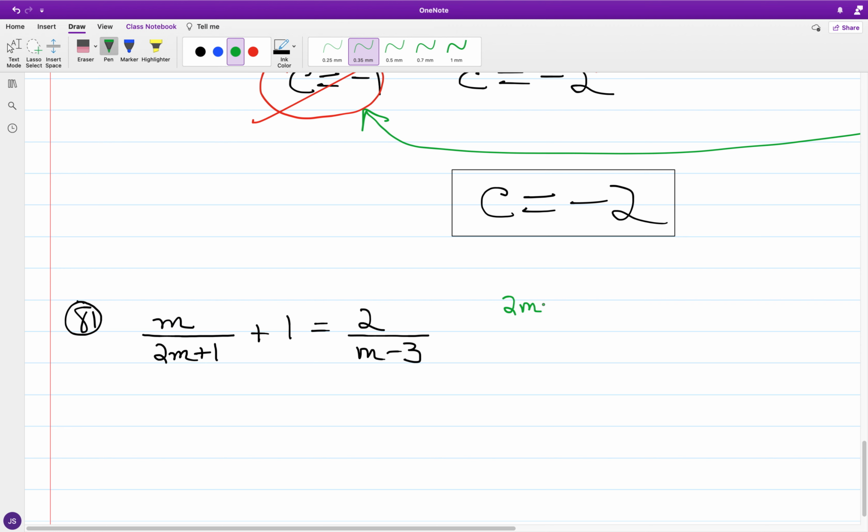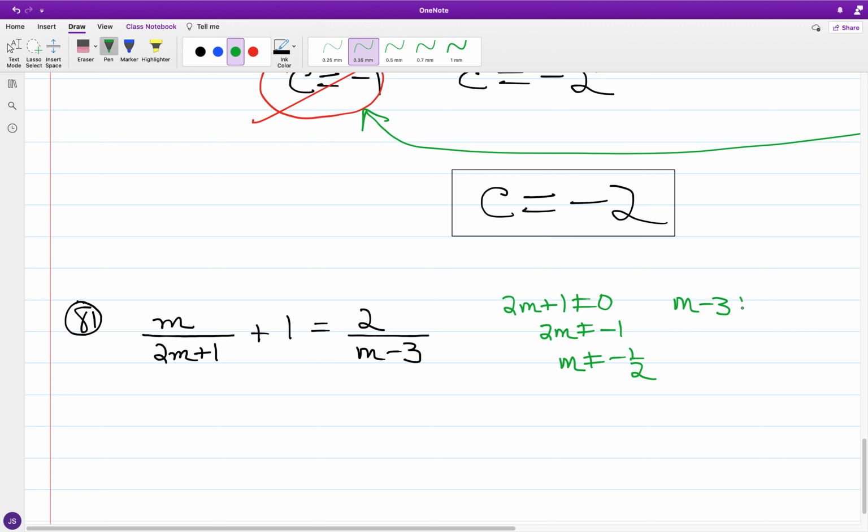Now for your restrictions, again, 2m plus 1 cannot be 0. If I move the 1 over, we have that 2m cannot be negative 1, so for the first restriction, m cannot be the fraction negative 1/2.